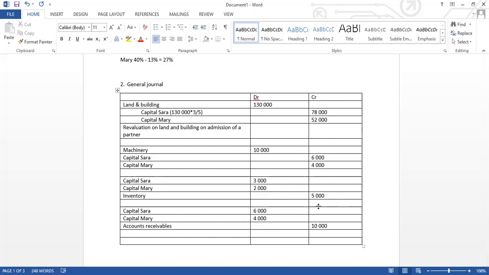We have 130,000 plus 10,000, and then we minus these losses, 5,000 plus 10,000. So that will be 140,000 minus 15,000, and then we get 125,000 as our revaluation surplus.